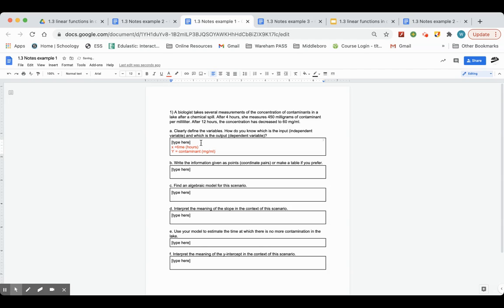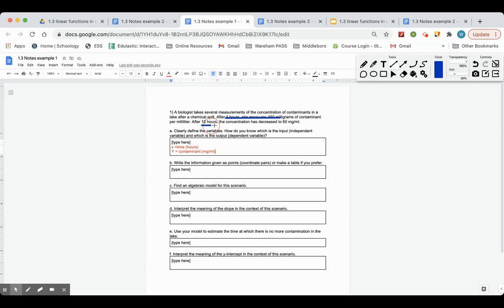All right, so what information, we're going to write the given information as points, or we're going to make a table. So the ordered pairs, remember, x comes before y. We have two ordered pairs here. Our first one is the 4, 450.